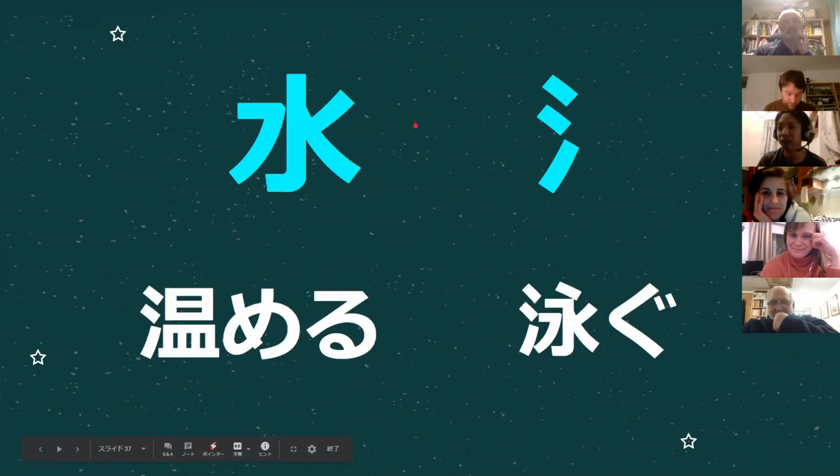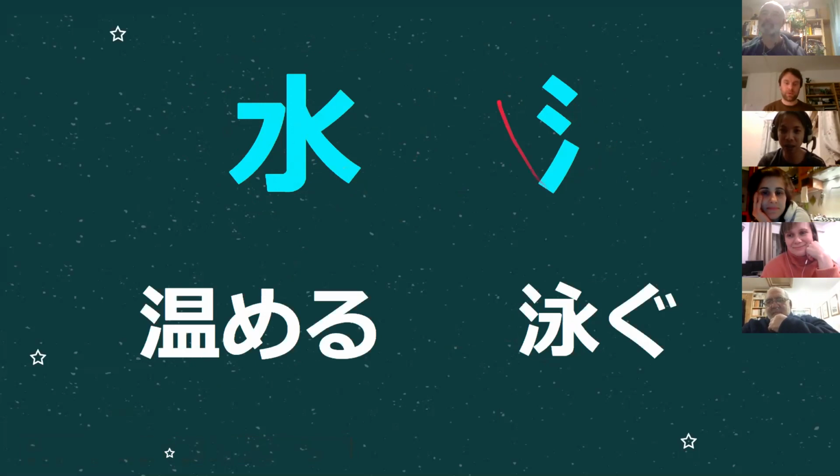And the radical of water, that's the kanji over here. And when you look at it, it looks like a flow of water or something like that. But when it's written as a radical, as a part of a kanji, it looks like this, like 3 dots.